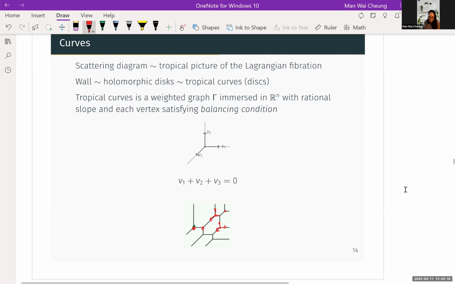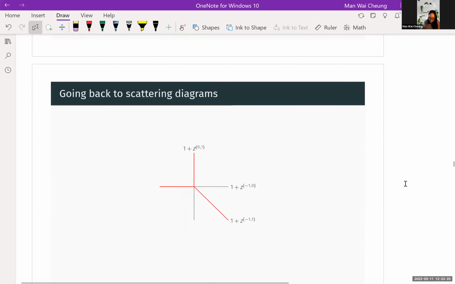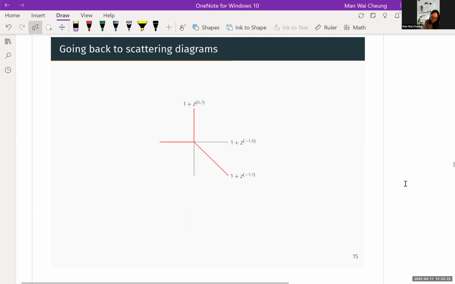And then how can that relate to the scattering diagram, which is this picture? This underlying one is our favorite scattering diagram, and we can see here that there is a tropical curve lying underneath the scattering diagram.